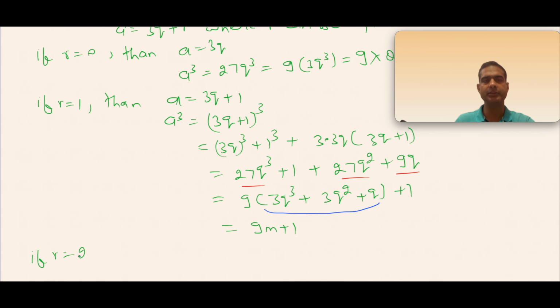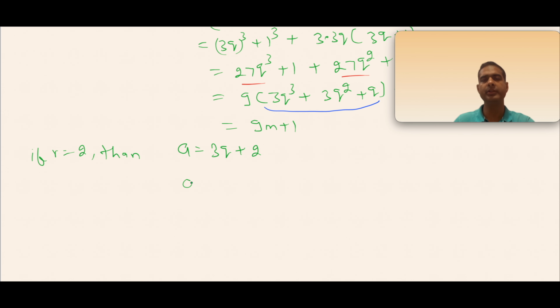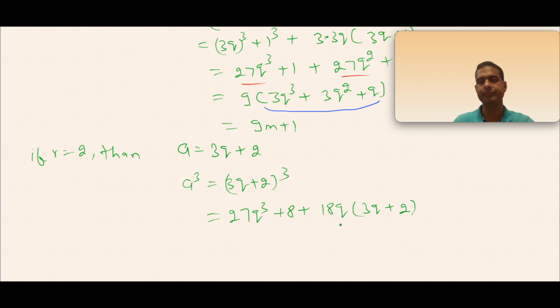Now if r is equal to 2, then we can see a will be of the form 3q plus 2. Now if I cube it, a cube will be equal to 3q plus 2 cube. If we again apply the same formula, we get 27q cube plus 8 plus 3 into 3q into 2, that is 18q, times 3q plus 2. This 18q is 3ab.